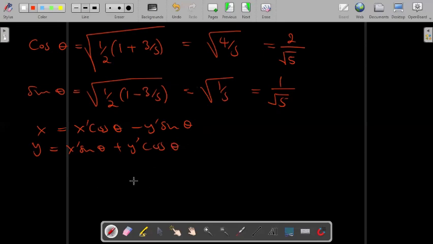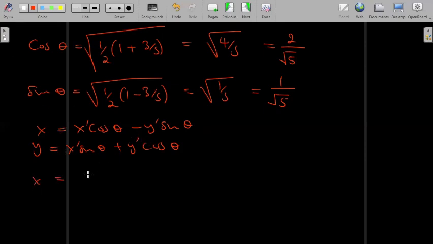Now you just plug in what you got. So that gives you 2x prime over root 5, then 1 multiplied by y prime gives you y prime over again that root 5. Okay, this is what you get.